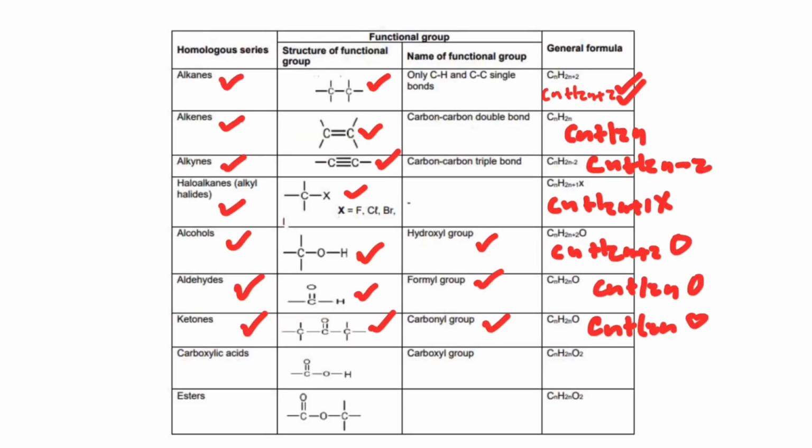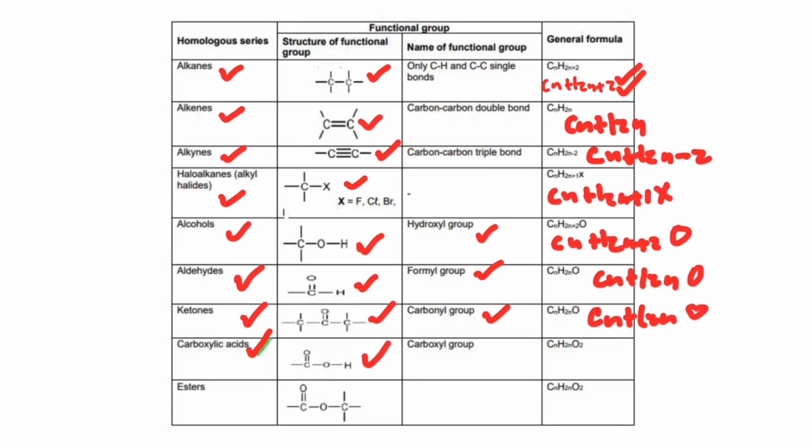Right, back to our table. Carboxylic acids. This is our structure of the functional group. The name is carboxyl. So this is the carboxyl group. If the question says, what is the name of the functional group on carboxylic acid? It is carboxyl group. The general formula is CnH2nO2. And we have esters. Esters, this is the structure of the functional group.